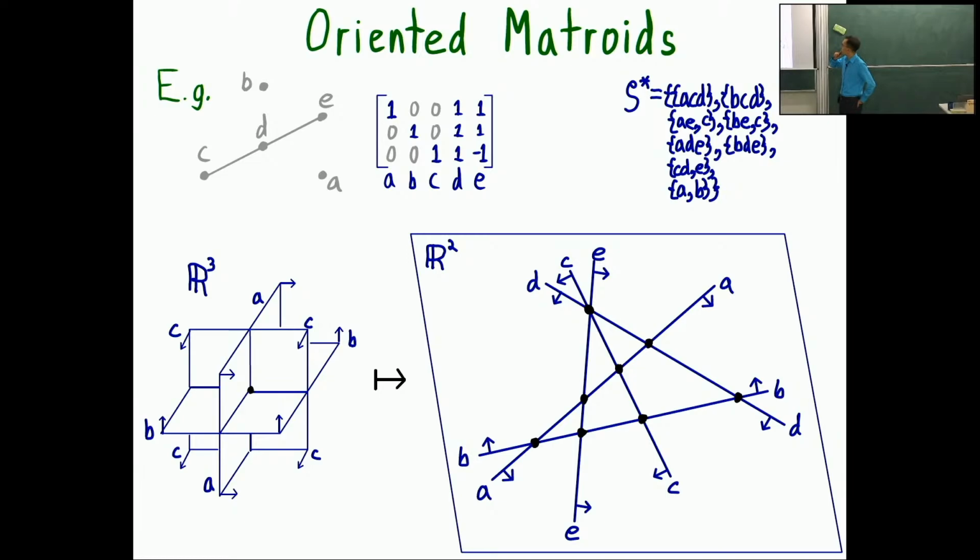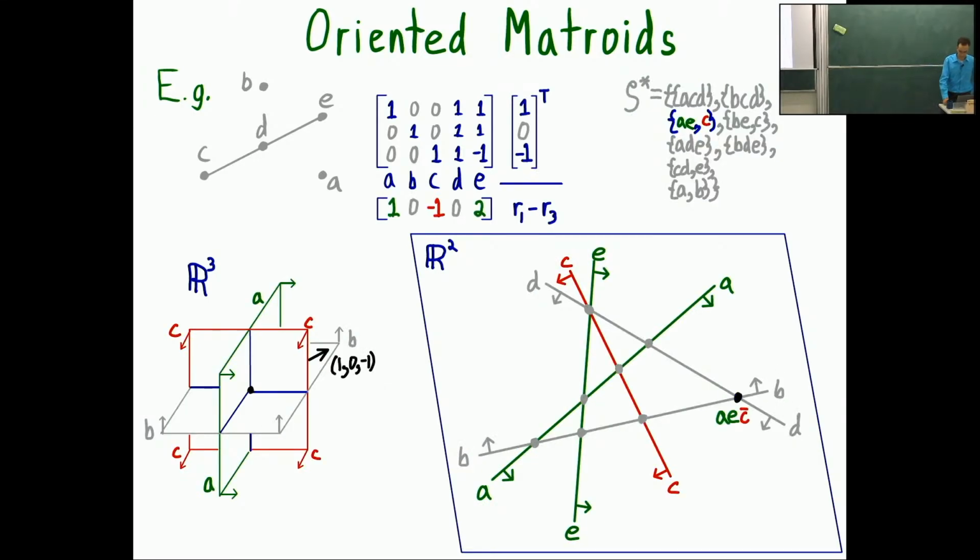Right. So this drawing has some geometric structure associated with this matroid. And what is this precisely? Well, let's consider an intersection point of two of these lines.